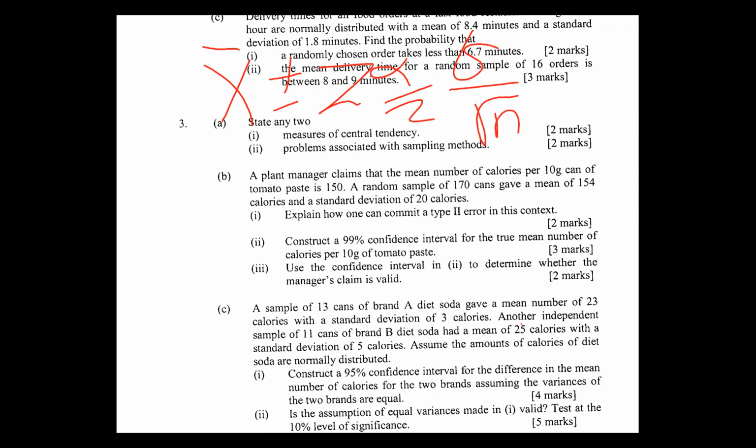So the mean is 154 plus or minus this critical value 2.57, multiplied by the standard deviation, which is 20, over the square root of 170. Can we work out this?